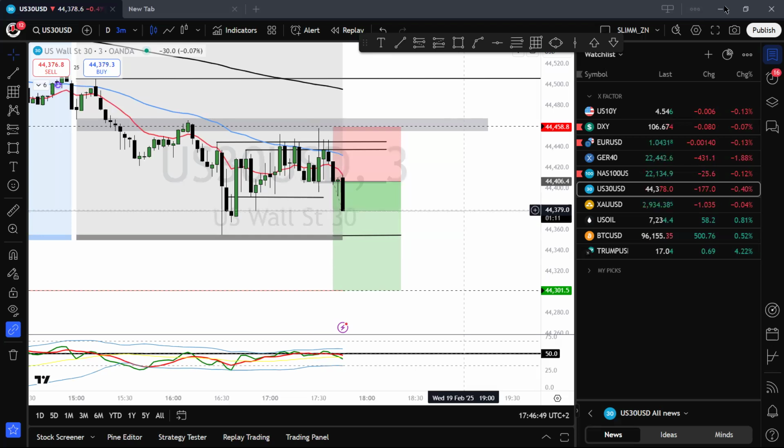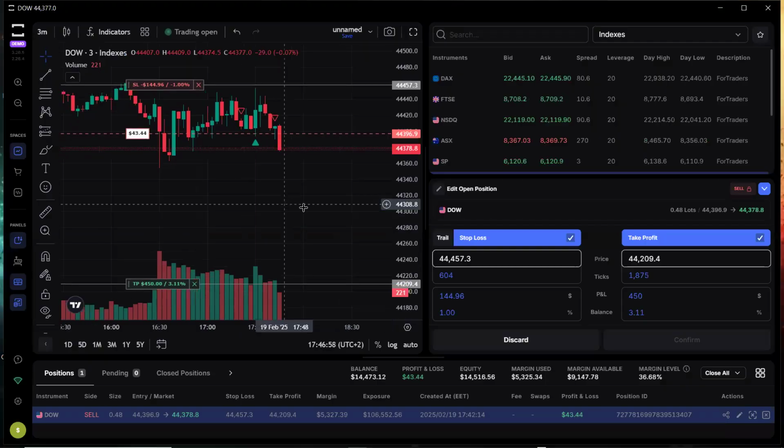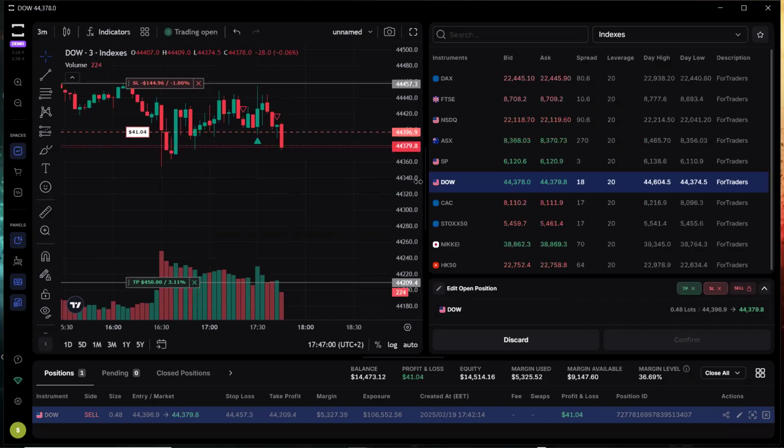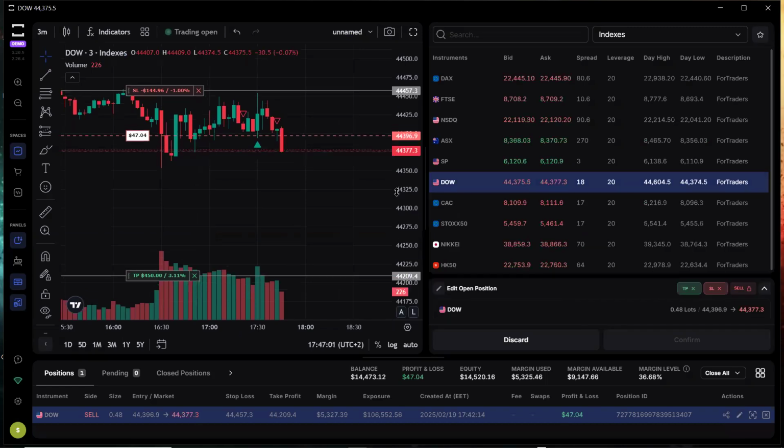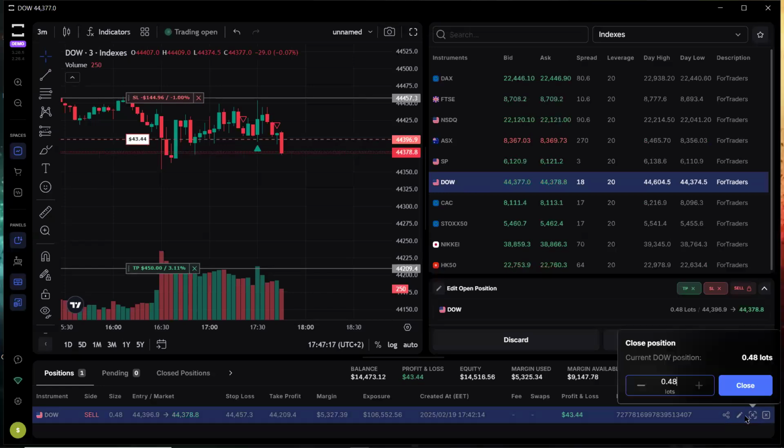So just to check our running trade, there it is. So that's our current running trade right there. Let's see. Okay, so if I want to modify, you see this platform, it says close position or partial close. So once I get to halfway, I can click partial close. My total lot size running is 0.48.